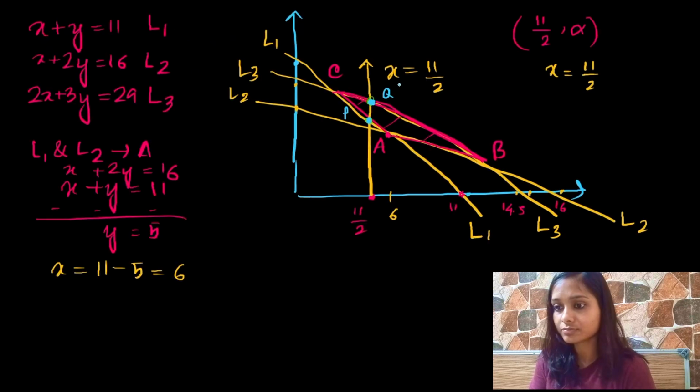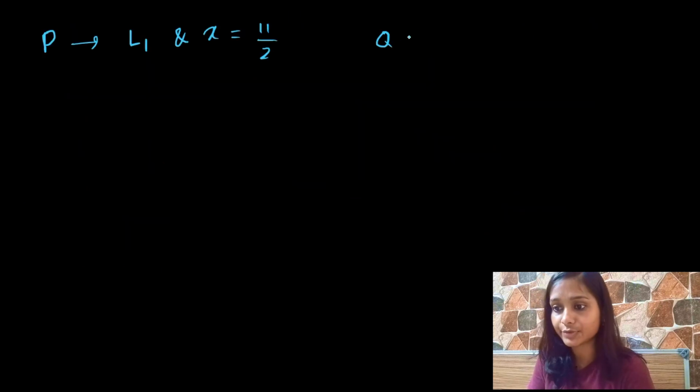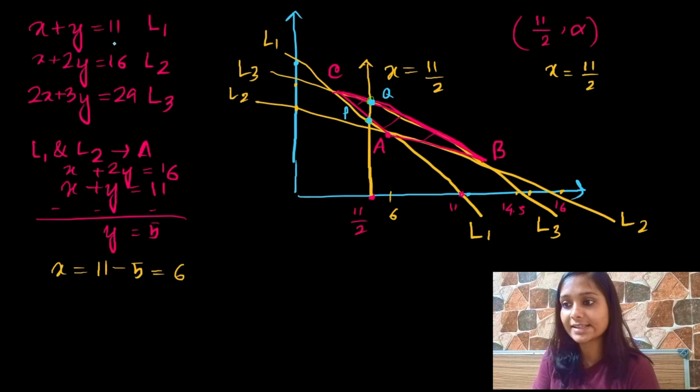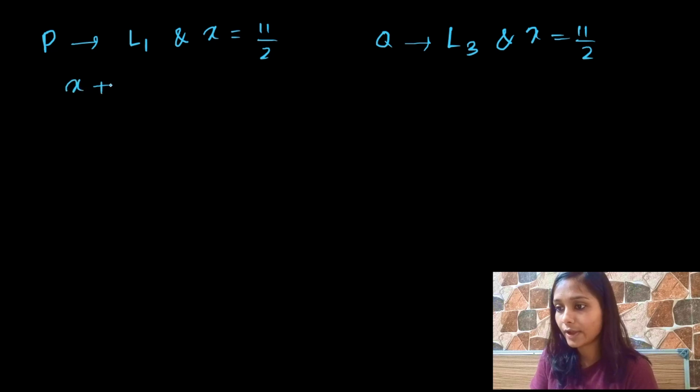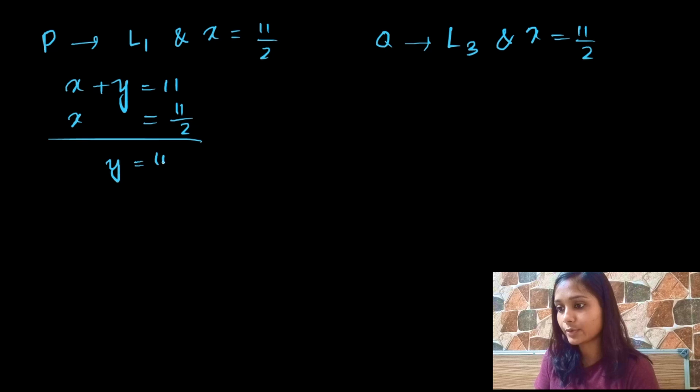For Q, we have the intersection of x equals 11 by 2 with L3. Let me just solve this. L1 has the equation x plus y equals 11. If we put x equals 11 by 2, we will get y equals 11 by 2.